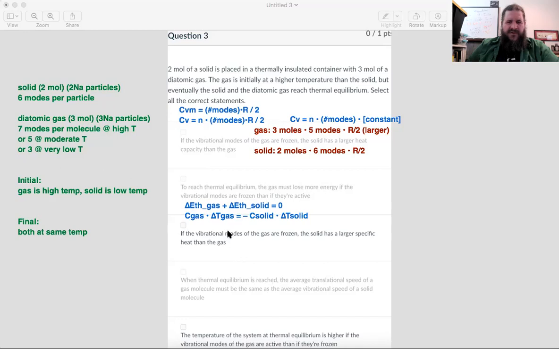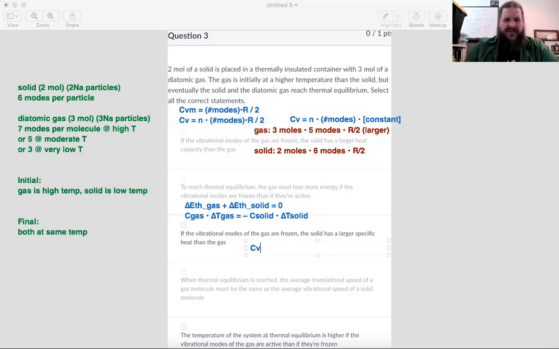And then if the vibrational modes are frozen, the solid has a larger specific heat than the gas. This looks like it's similar to the first one, except we're now talking about specific heat. I presume that means molar specific heat. So that means instead of using N times number of modes times R over 2, we're looking at just number of modes times R over 2.